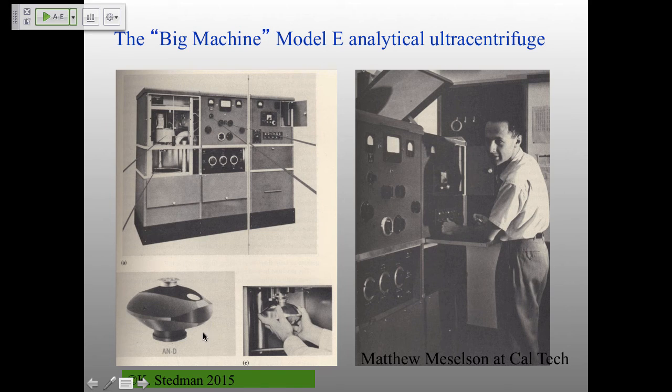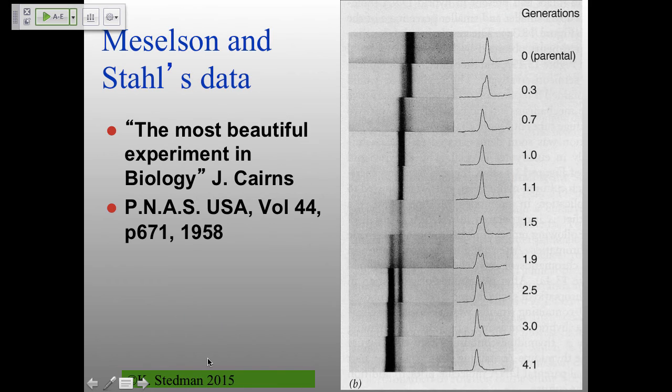What did this give? This is one of the figures from their paper. If you look at just the DNA that you start with, again, shining UV light at this, we talked about UV absorbance of DNA. That's lower for double-stranded DNA, higher for single-stranded DNA. They're just looking here at the double-stranded DNA.